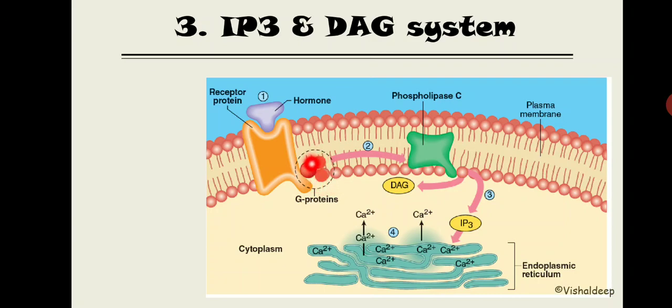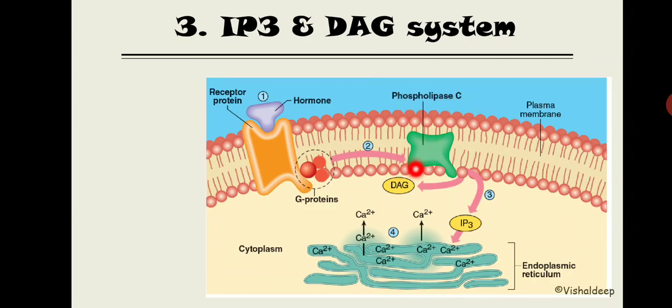The G protein used in the IP3-DAG system is known as the Gq protein. Once the intracellular domain binds with the Gq protein, the alpha q subunit gets detached, binds with GTP and is energized, and it ultimately binds with the transmembrane enzyme known as phospholipase C.